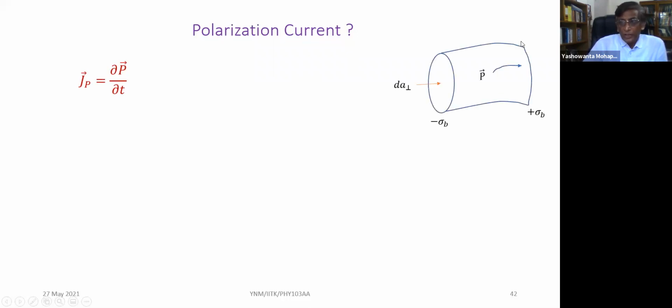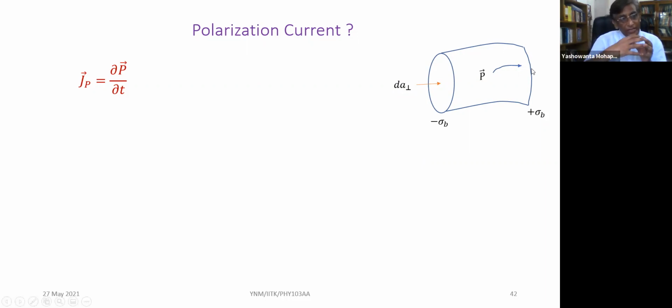You can think of as there is a polarization P, and this is a perpendicular surface. So P dot n will produce a minus sigma bound and plus sigma bound. And now, if there is a change in polarization, then this minus sigma bound and plus sigma bound will also change, and that can be actual physical movement of the bound charges a little bit, right? And that will carry through to finally produce a bound current here.